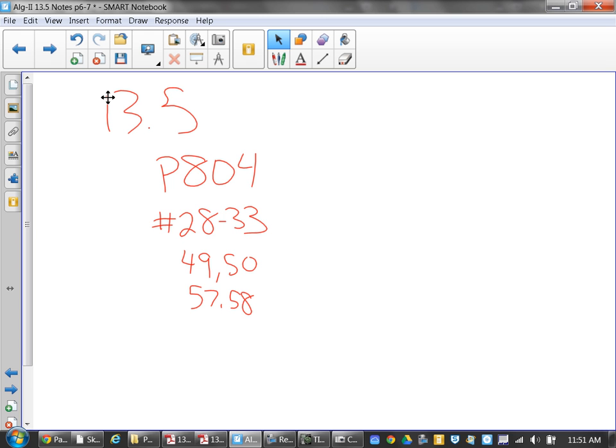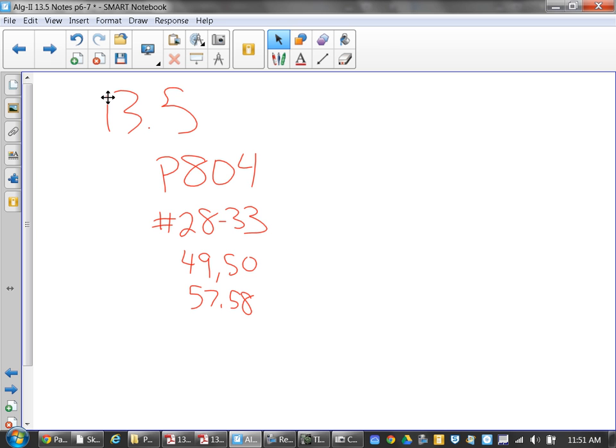Okay. Law of cosines. When we're working with law of sines, it's angle-side-angle or side-angle-angle. Law of cosines is side-side-side or side-angle-side. It's very obvious when you see it.